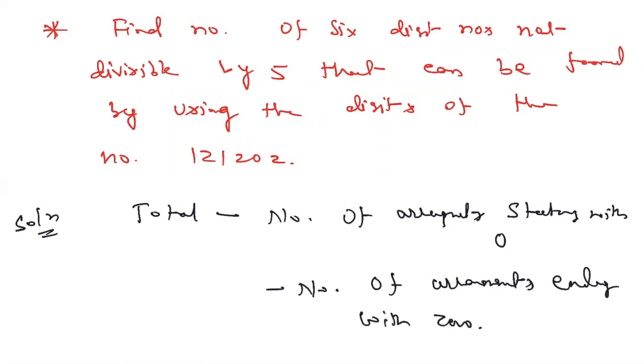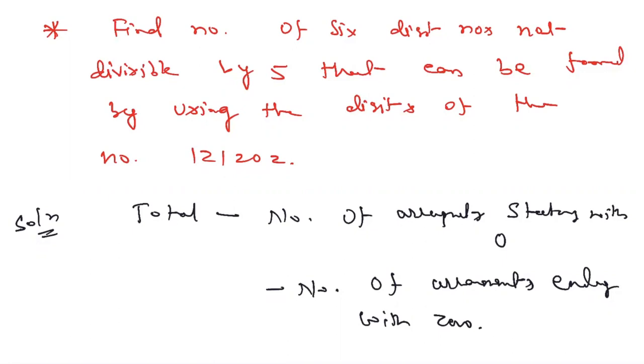Starting with 0 will give you a 5-digit number, so we will reduce that. And ending with 0 will give you the divisible by 5 case, right? So we have to be careful with both of these. We subtract these two, then we get a complete answer.